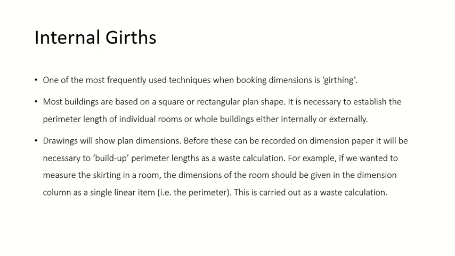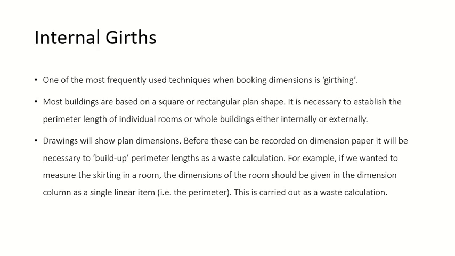So it is important that you establish the perimeter length of individual rooms as well as the entire building. Girthing can be for specific rooms or for the entire building, and most of the time it will be taking the perimeter of a square or a rectangle. There shouldn't be a problem. We just need to understand the procedure, and that's it.